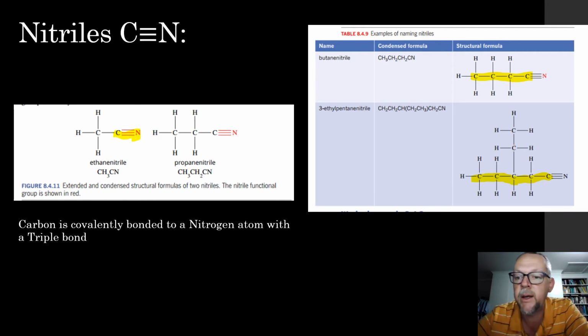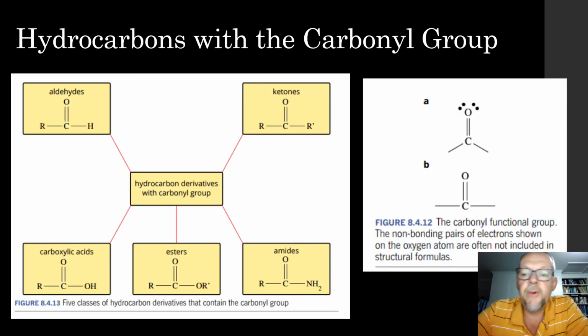Let's go this way. We know that this is an ethyl group up here, and this will be a 3-ethylpentanenitrile in this case.